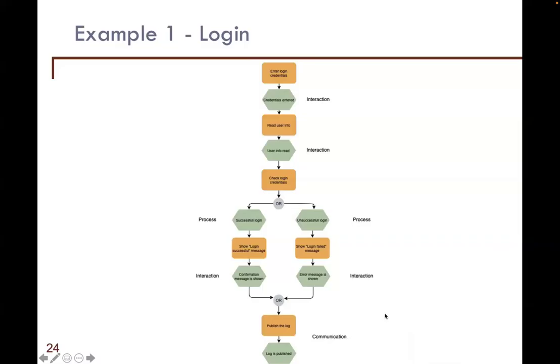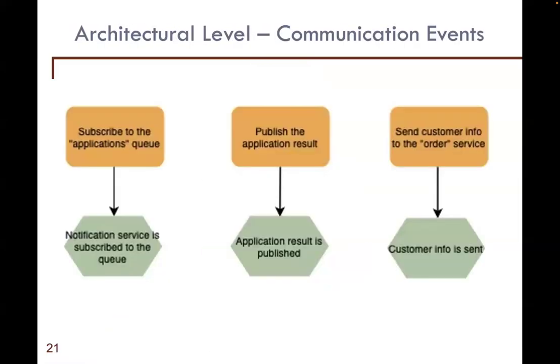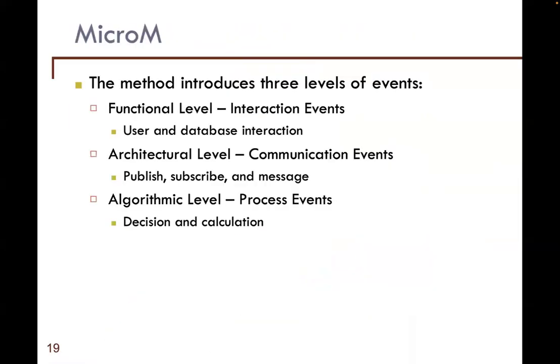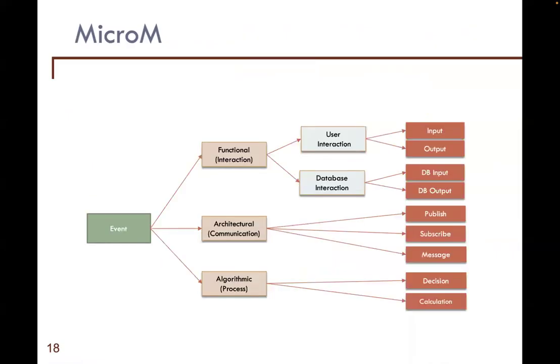And have you thought of any mechanism by which your innovative technique could be an extension to Cosmic? Yes, actually, it can be considered an extension to Cosmic. Let me show you this one. Here, we categorize the event into 3 levels or 3 categories.